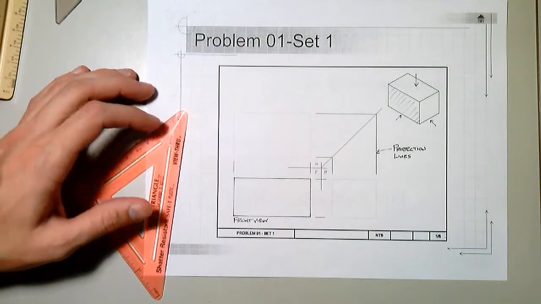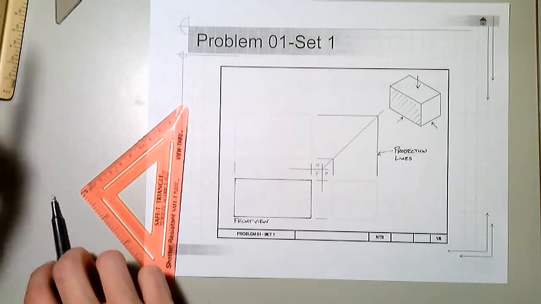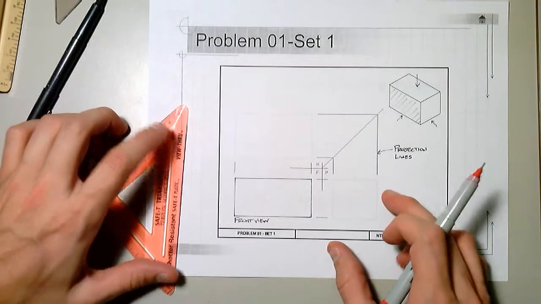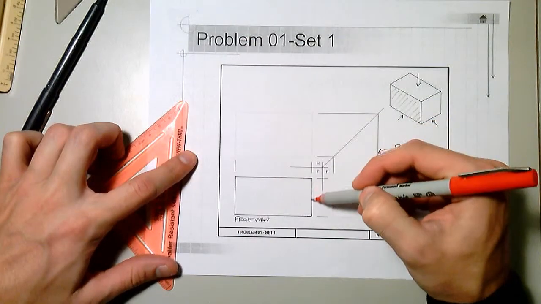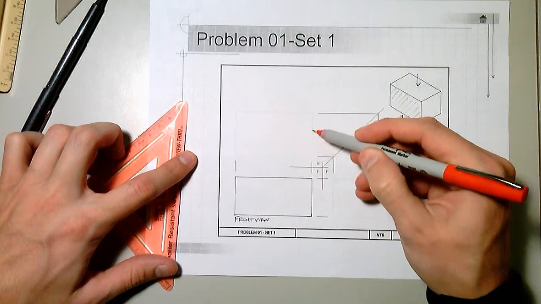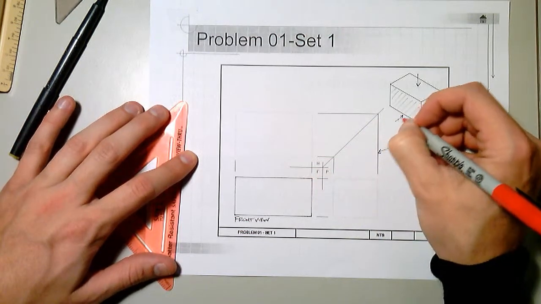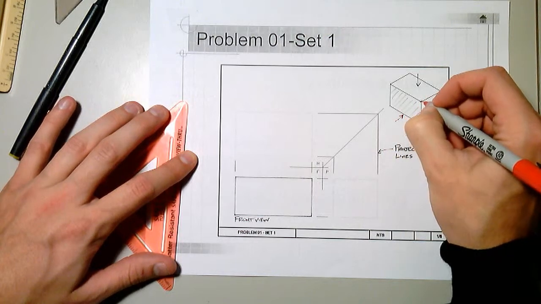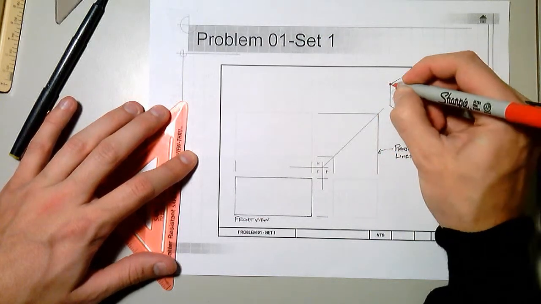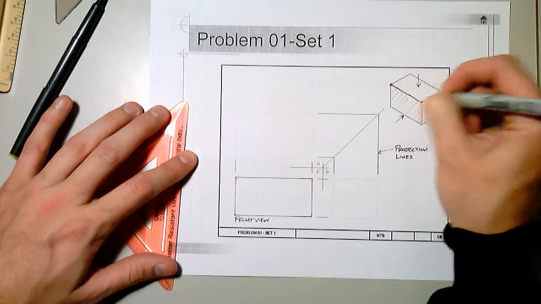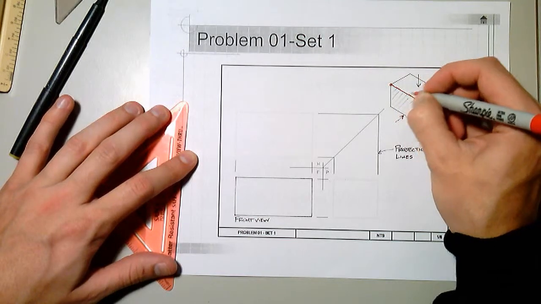Alright, now moving on, we want to do the top view. When you do the top view, let's go ahead and do our projection lines. Those are going to be lines that transfer information from the front to the top view. In other words, if you're looking at the front view here, these points, or this edge, is shared by both sides.